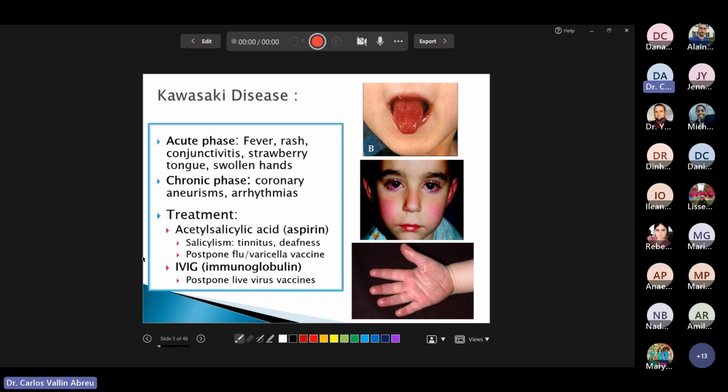Because the dose is high, there is a possibility of the child developing toxicity by aspirin. And we give the aspirin, and our responsibility is to recognize if the child is developing toxicity by aspirin.